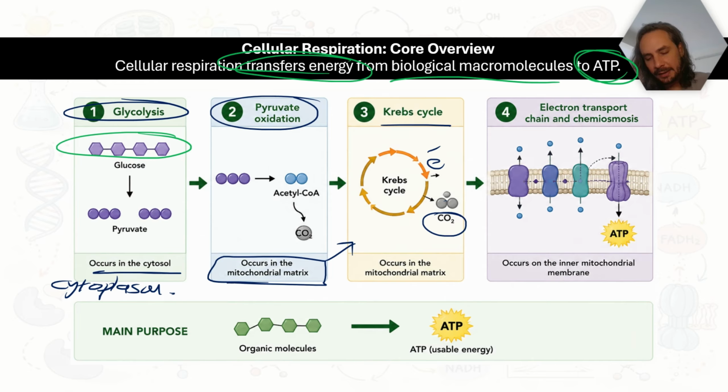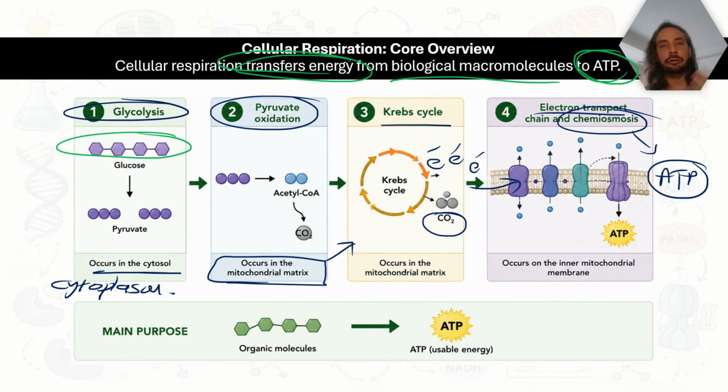And then all these electrons that are being released will be transferred to the electron transport chain, and then we'll make ATP via chemiosmosis because of the proton gradient. So ultimately, we take organic molecules and we break those molecules down in the mitochondria to create ATP.